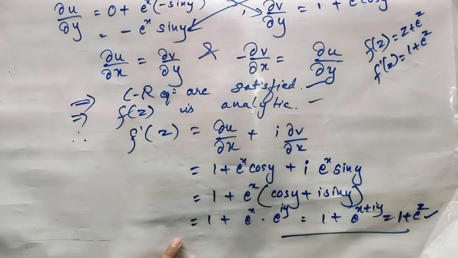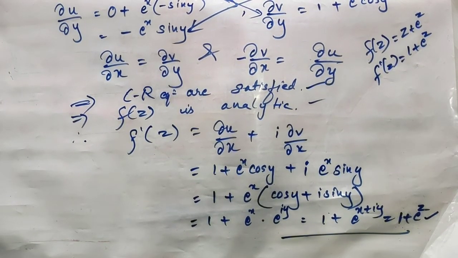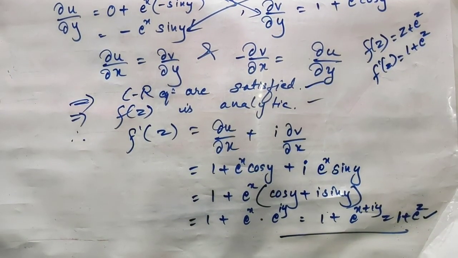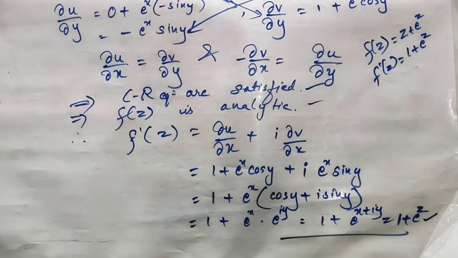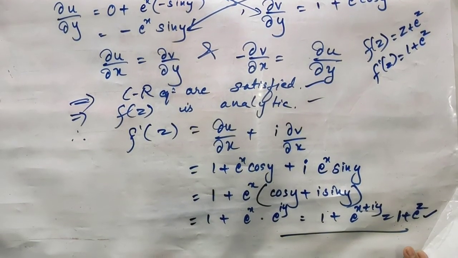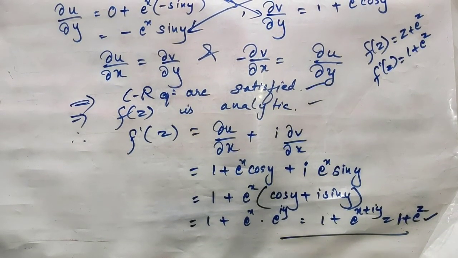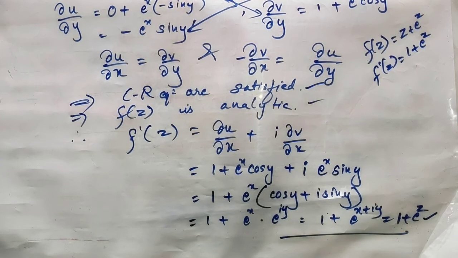Now in my next session, we will continue with the derivation of CR equations in polar form, which is equally important as how we work for the derivation of CR equations in Cartesian form. So far we were only getting familiar with solving problems where f of z is in Cartesian form, and we just used the CR equations in Cartesian form to work with the problem.